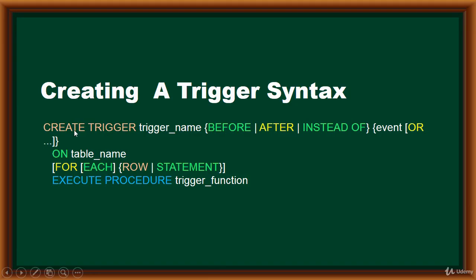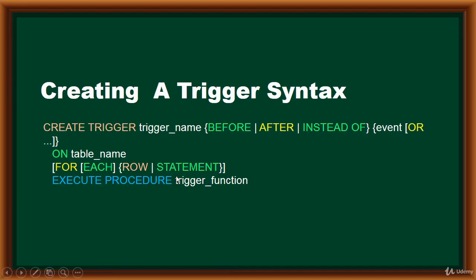You have the statement create trigger followed by the name. You have to give the trigger a name. Then there is a before action and an after action. You also have instead of, and then the event, and then the table on which you're creating the trigger. I'm going to explain all this in a minute.